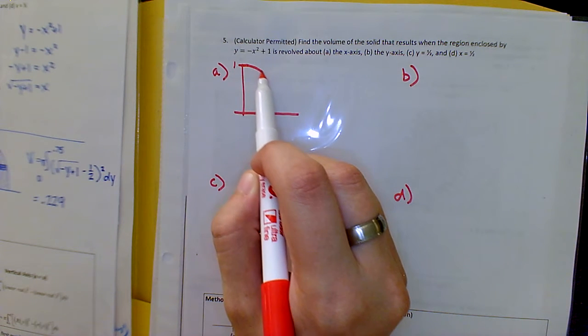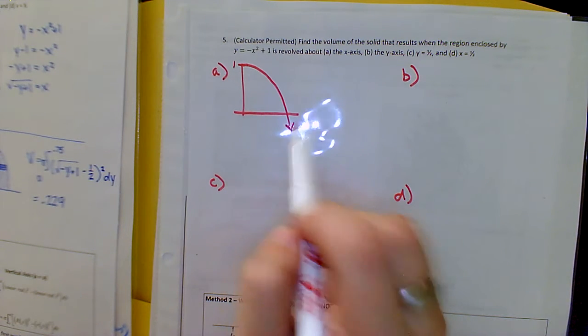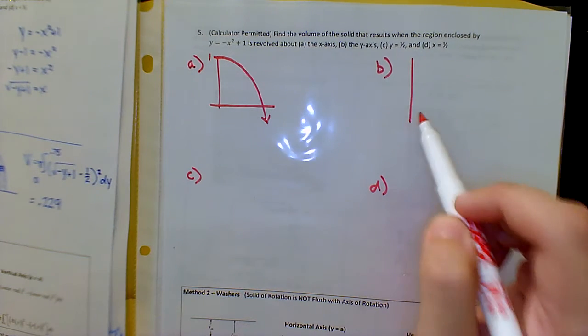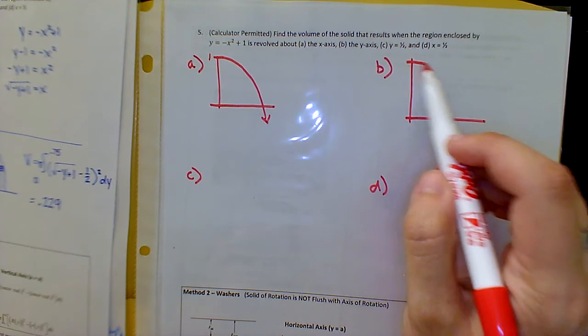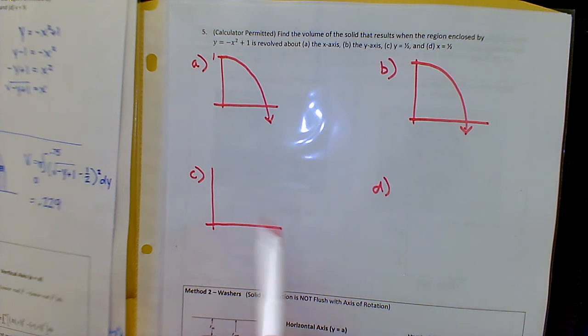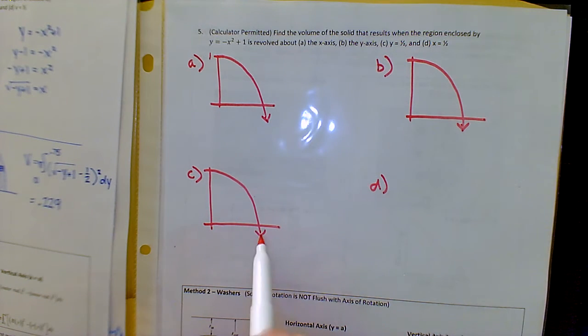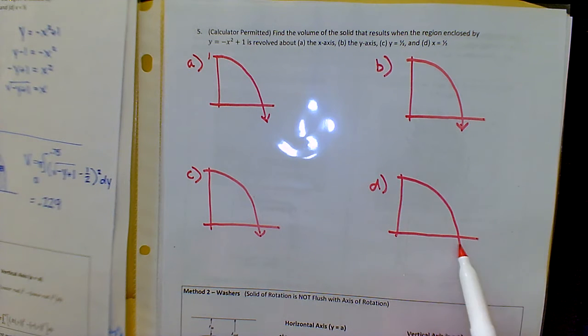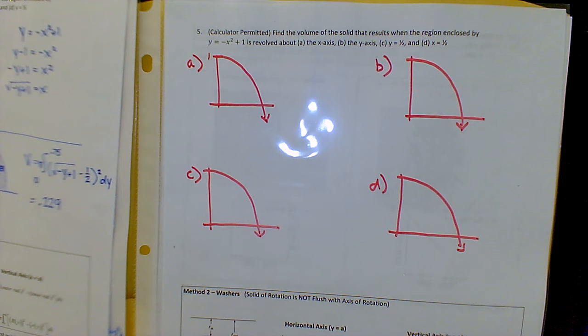All right, so a downward parabola that has been shifted up 1 unit. Good? So that's basically going to be the graph for all of these. It just depends what we're rotating around.